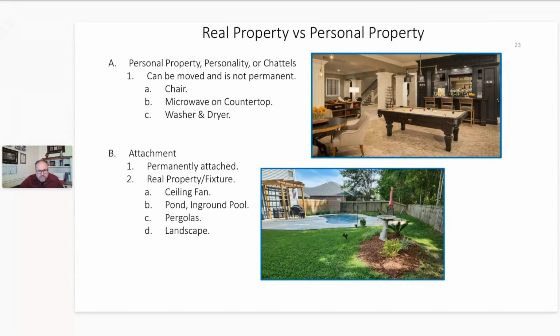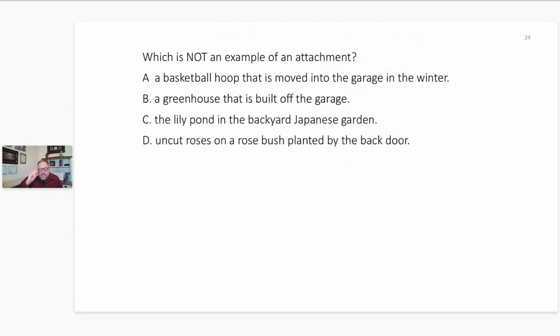Okay. So again, distinguishing between real property and personal property, distinguishing severance, attachment, and what state the property is in, whether it's attached or severed, you want to know that. Okay. All right. So you may have a test question that says, which is not an example of an attachment?